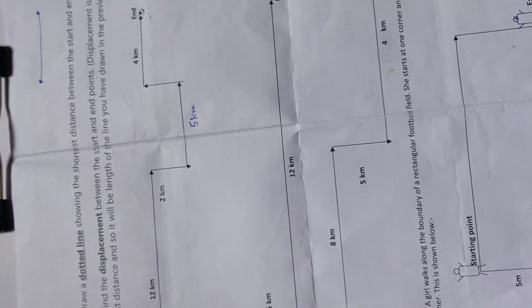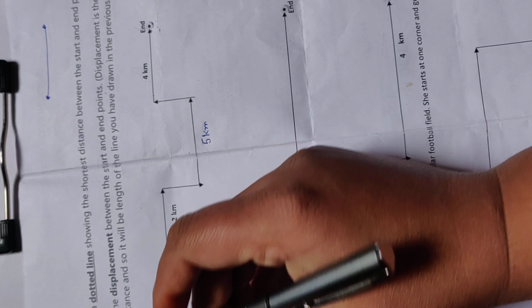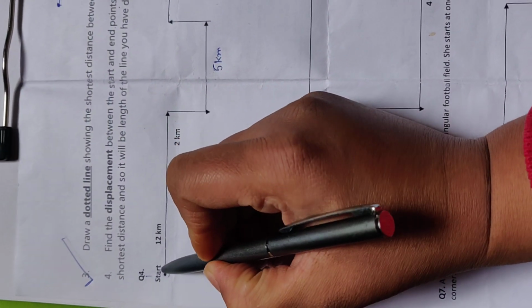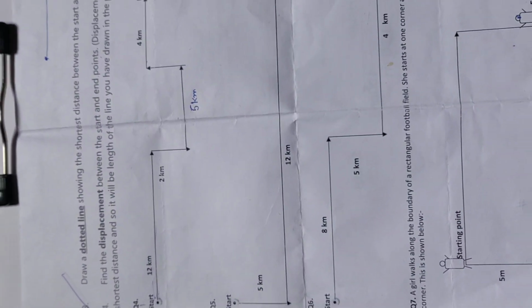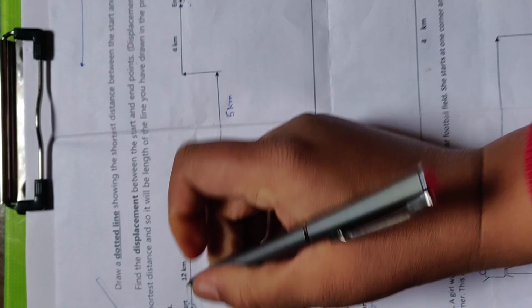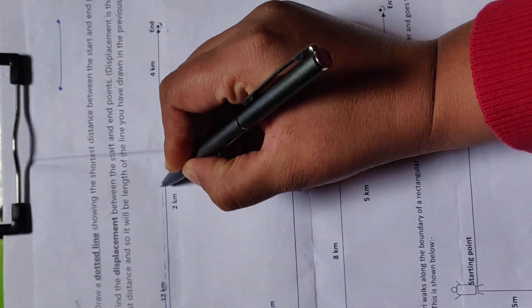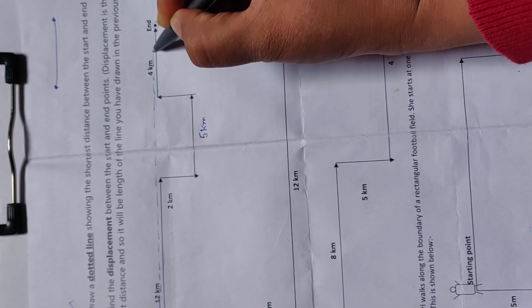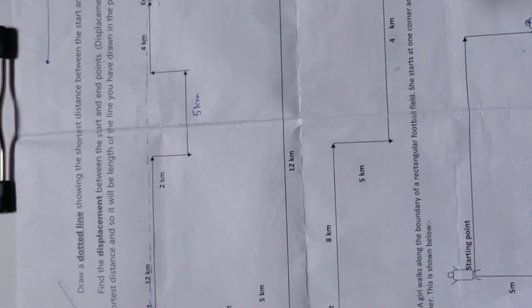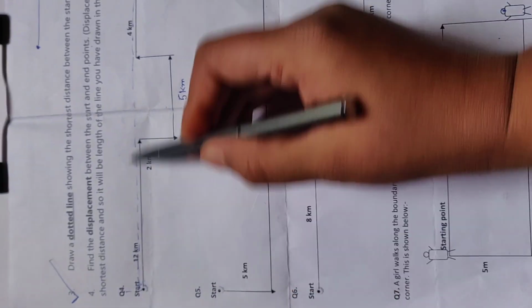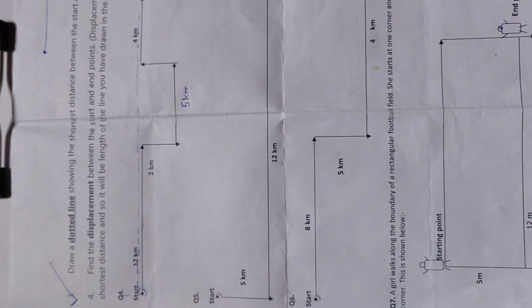In order to find displacement, I asked you to follow this third point. You need to join your starting and ending point. This is how you have to join. Now, this length will give you the displacement.